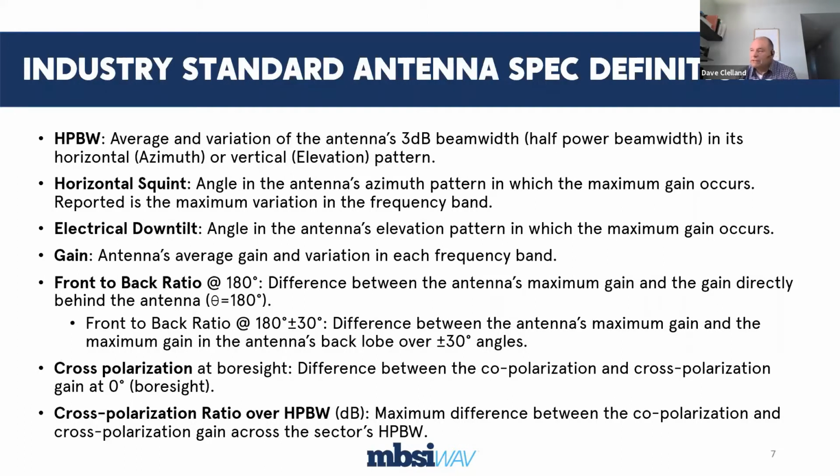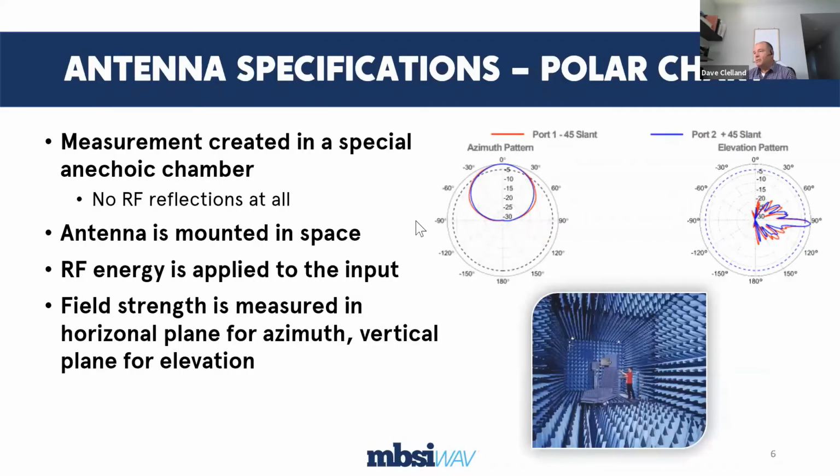So cross polarization is important in the design, but it's not that important in the application of the antenna. The cross polarization value at the bore site is the difference between the gains of two polarities that might be transmitted. In our case here, we have, of course, left slant and right slant, or negative 45 and positive 45 degree slants.